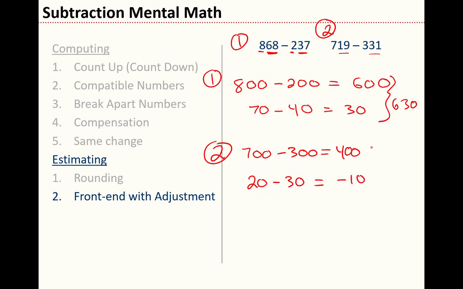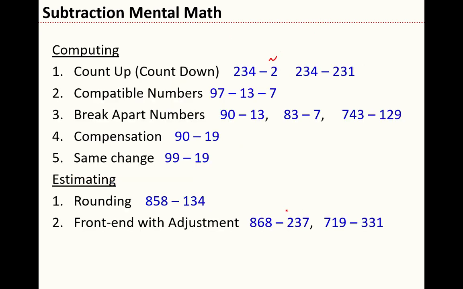So negative 10. So in this case, 400 minus 10, 390 is my estimation in that case. So for the first problem, my estimated solution is approximately 630, and for the second problem, my solution is approximately 390. And that ends subtraction mental math.